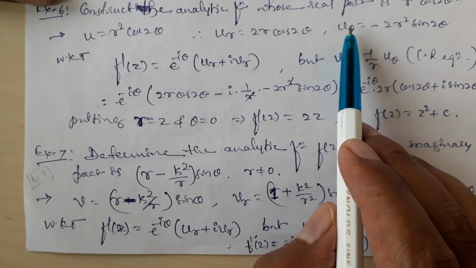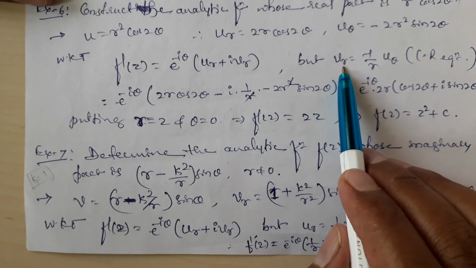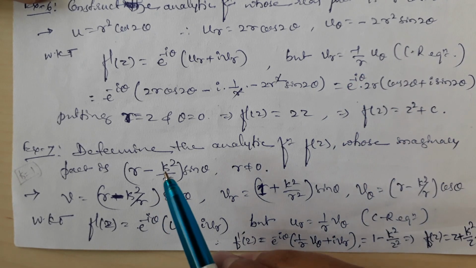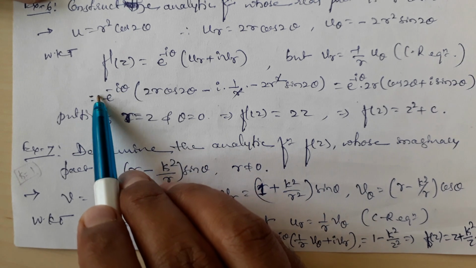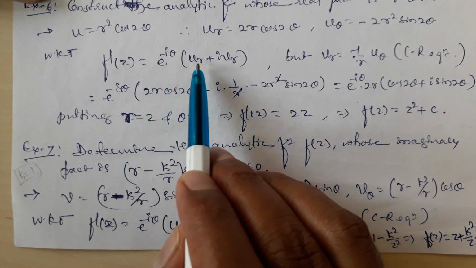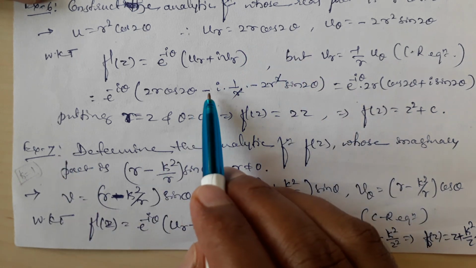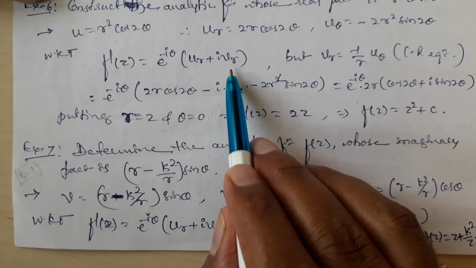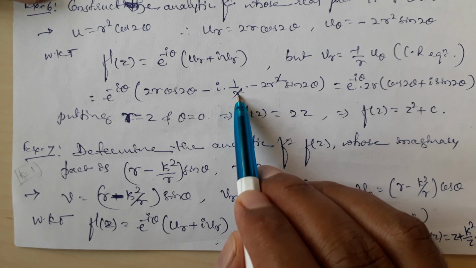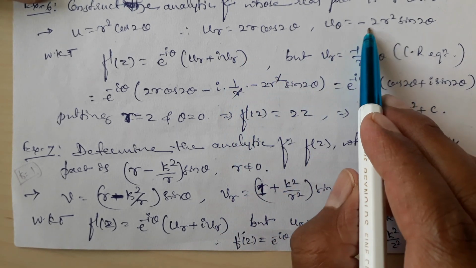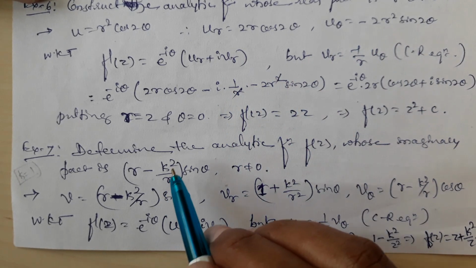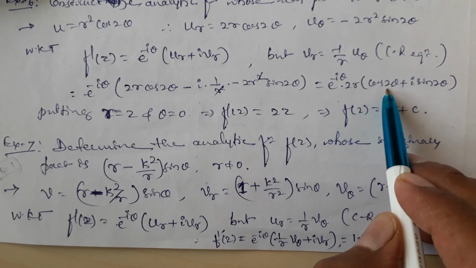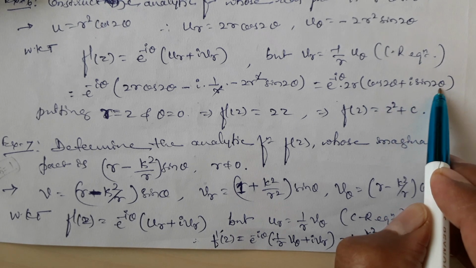We can replace v_r by u_theta using the CR equation, that is v_r equal to minus 1 by r u_theta. Therefore the above equation becomes f dash of z equal to e to the power minus i theta, u_r is 2r cos 2 theta, minus, because v_r is minus 1 by r u_theta, i times 1 by r, u_theta is minus 2r square sin 2 theta, and by simplifying we get e to the power minus i theta times 2r (cos 2 theta plus i sin 2 theta).